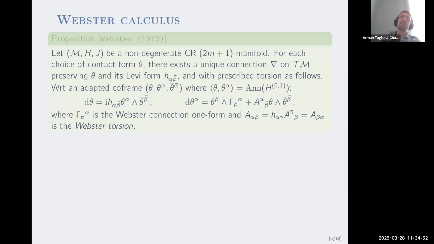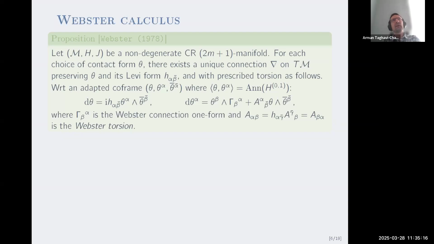There is a theorem or proposition due to Webster that tells me that I have a unique connection which has some properties. One of them is that it preserves the contact form, and it also preserves its Levi form. Is it clearer? Yes, thanks.